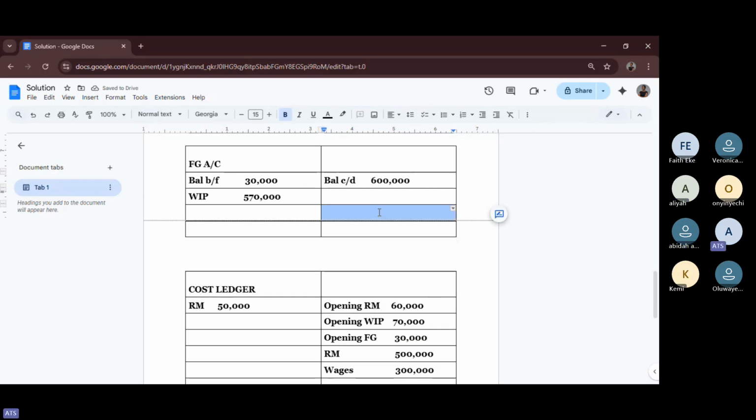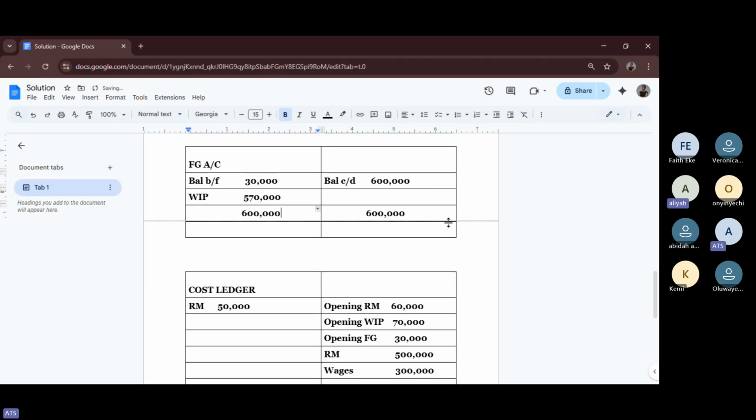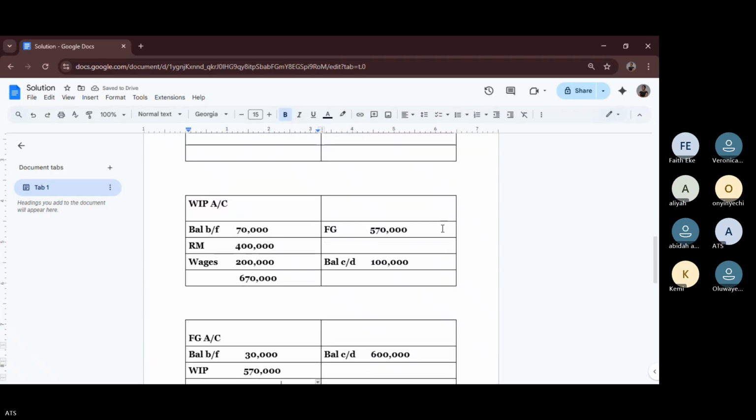No. $600,000. And then the closing here is 670. You have to close everything.